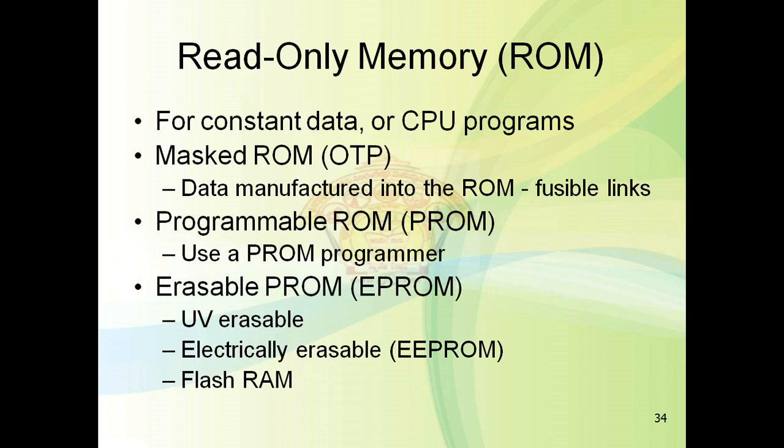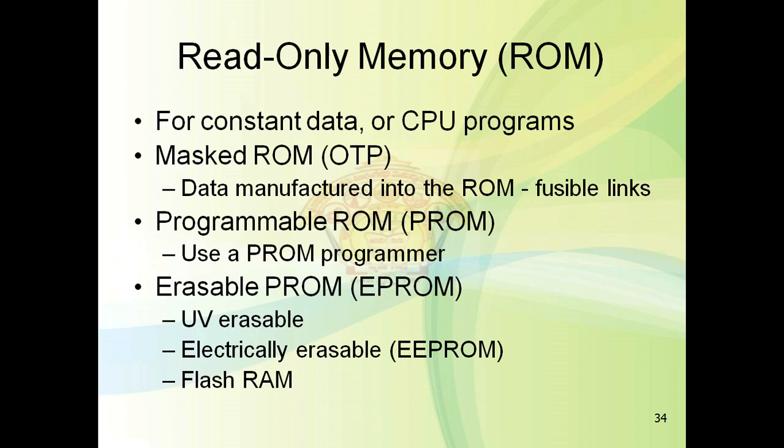So in this way you get ROM in two types: one is one-time programmable, and another is programmable ROM. In the case of one-time programmable, OTP, that is mask programmable, this memory is written by the manufacturer itself, using fusible links.